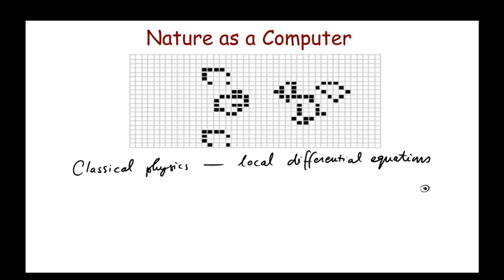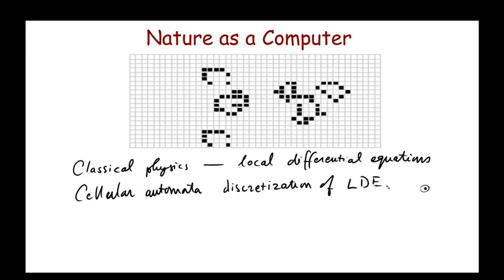Okay, but now you can see that cellular automata are discretizations of local differential equations. And you can argue that if you want to compute, then your computer has to be fault tolerant, it cannot be that you assume infinite precision in your model.